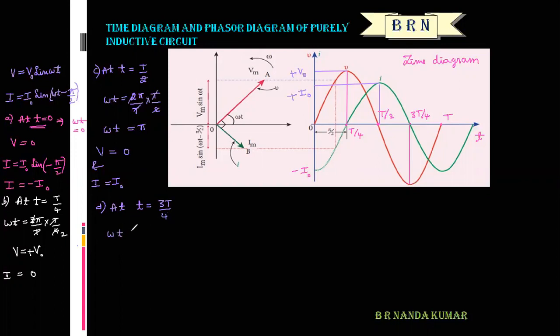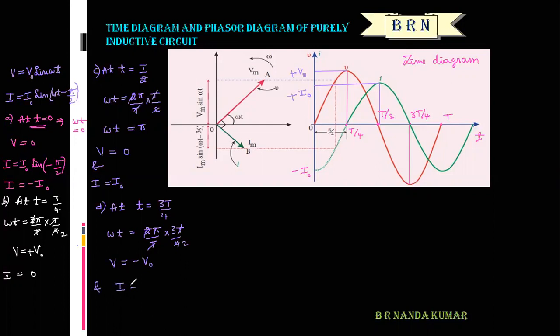So omega is 2 pi by T, and the t value is 3T by 4. So T cancels, 2 over 4 is 1 over 2, giving 3 pi by 2. So what is the value of sine 3 pi by 2? It is minus 1. So here the voltage is negative, minus V naught.